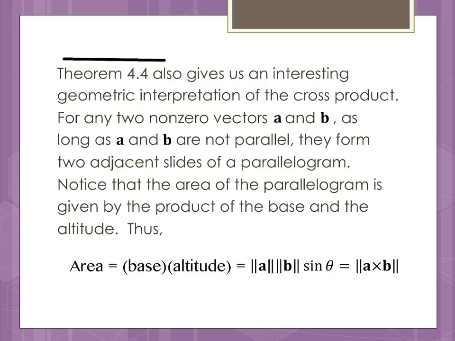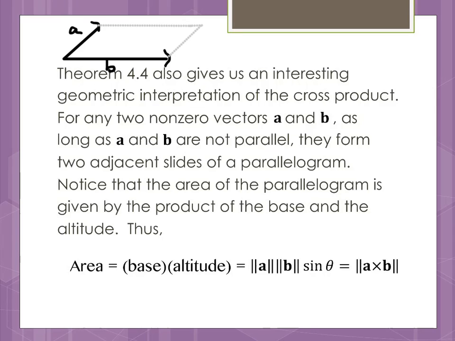So let's imagine that this is vector B down here, and this is vector A. It's saying that they form the sides of a parallelogram, so we're going to draw that parallelogram in. We can extend this side over here, and this side right here, a little bit further. And we have this parallelogram.